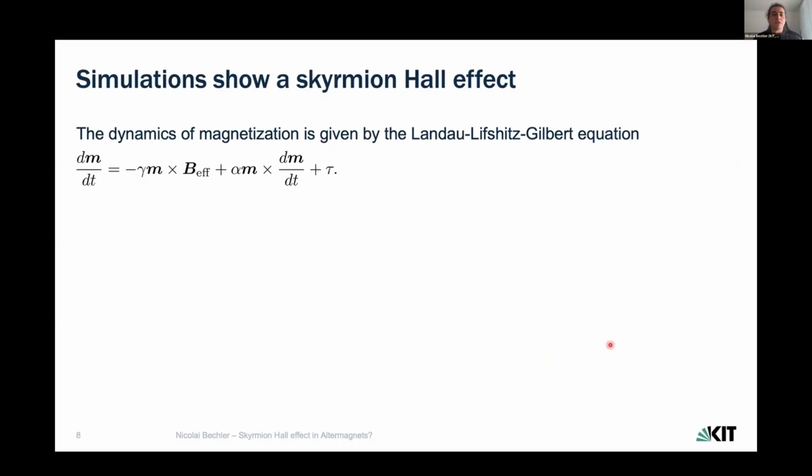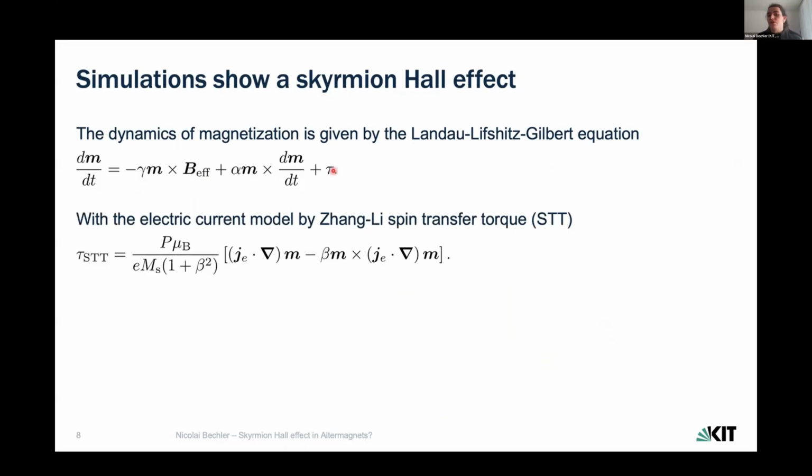For that, we need to understand how the dynamics of magnetic moments are described. And they are described by the Landau-Lifshitz-Gilbert equation, where we have this precession term around the effective magnetic field, which also includes our interaction or external magnetic fields. Then we have our damping term of our precession. And we have additional torque terms.